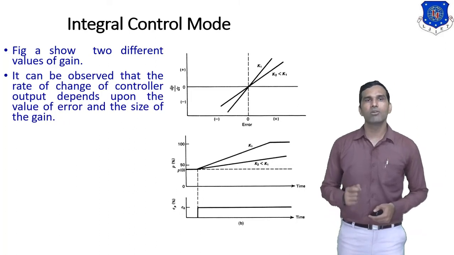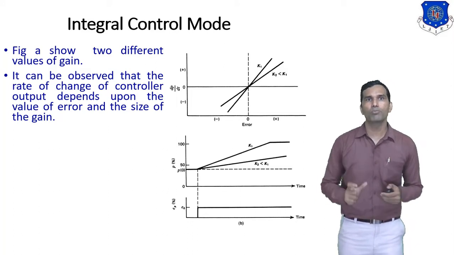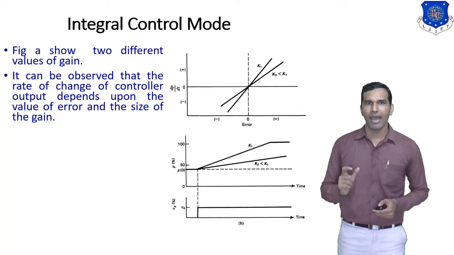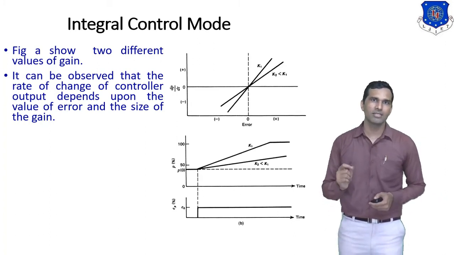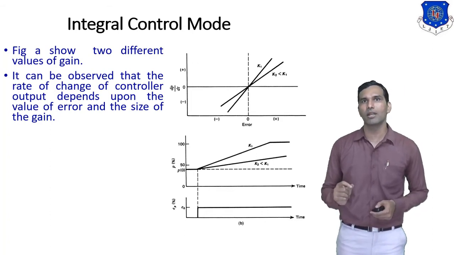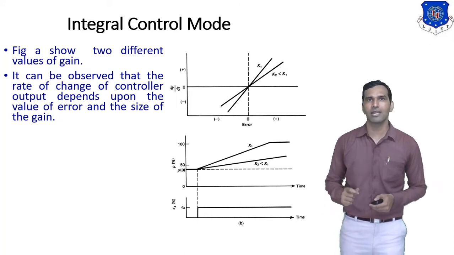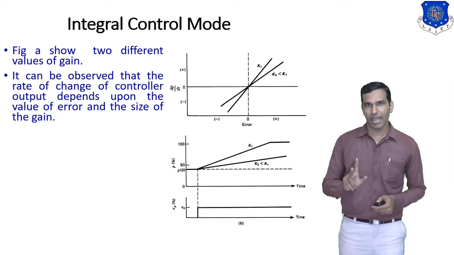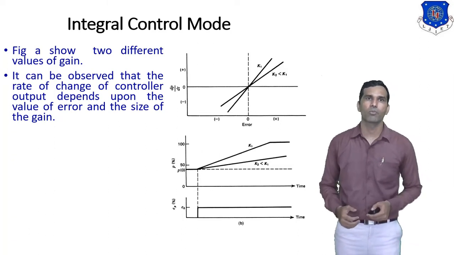It can be observed that the rate of change of controller output depends upon the value of the error and the size of the gain. K1 and K2 indicate two different levels of gain, where K1 is less than K2. So for the different gains we can see the performance of the integral control mode.